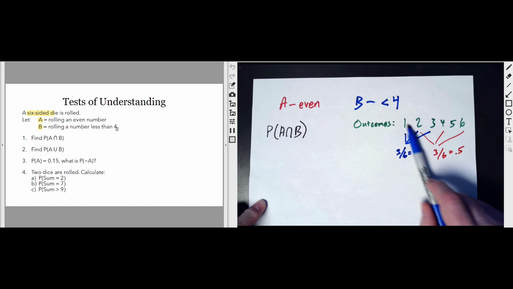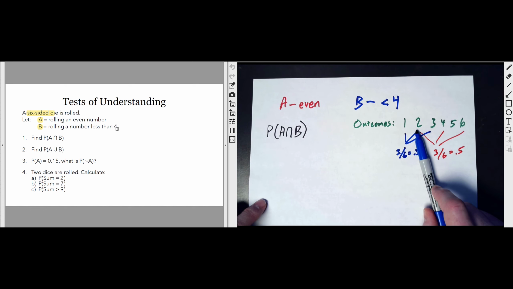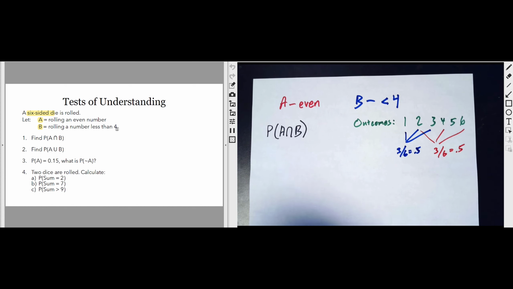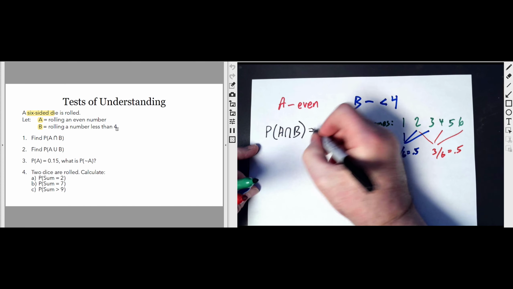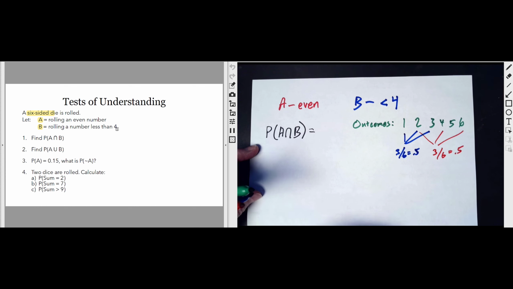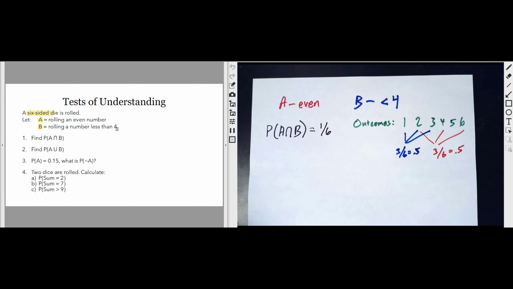And within those outcomes, the only outcome that is also even is 2. And consequently, the probability of A and B is just 1 possible outcome out of 6 possible outcomes, so it's 1/6. All right? So that's part 1.